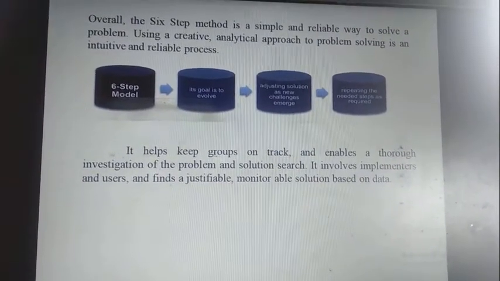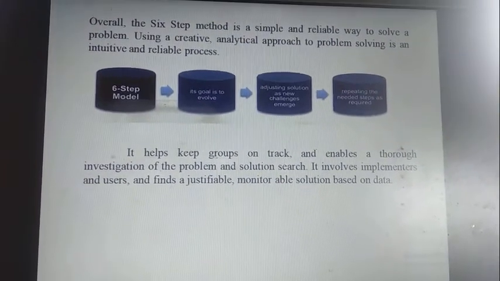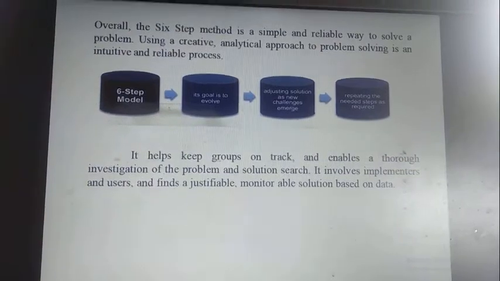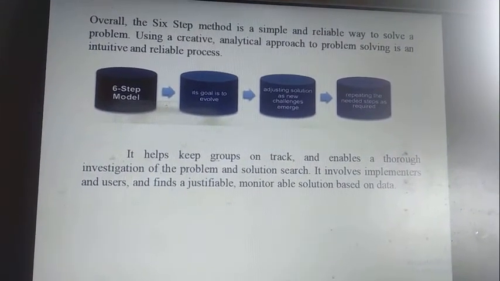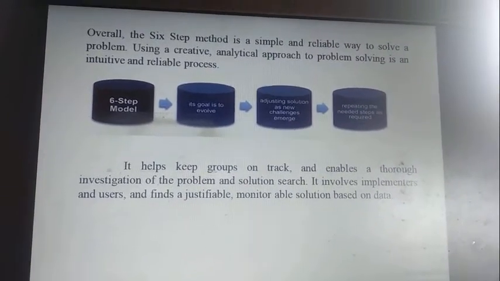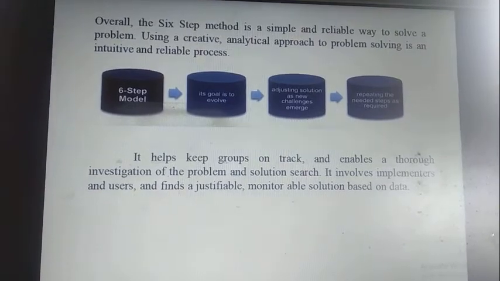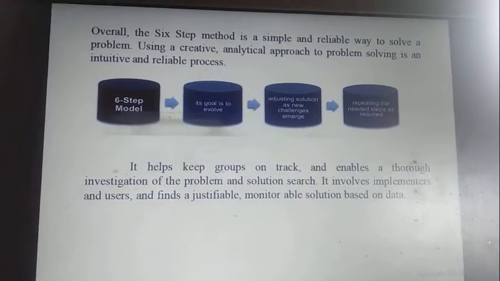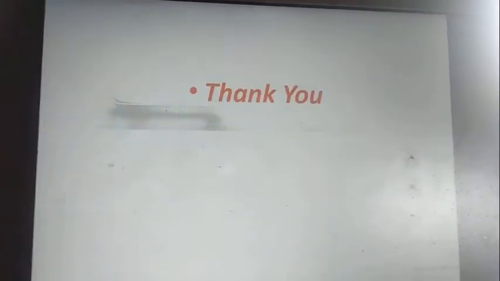It helps to keep groups on track and enables thorough investigation of the problem and solution search. It involves implementers and users and finds a justifiable, monitorable solution based on the data. Once we apply these 6 steps, any complex problem will definitely get a solution.